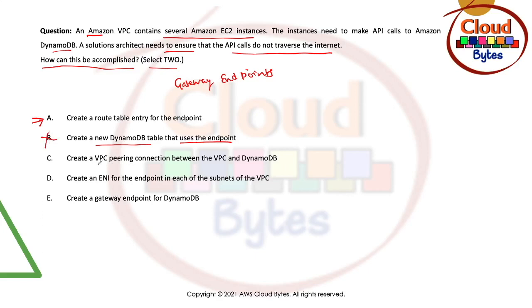Create a VPC peering connection between the VPC and DynamoDB. VPC peering, if you remember, is between VPCs.